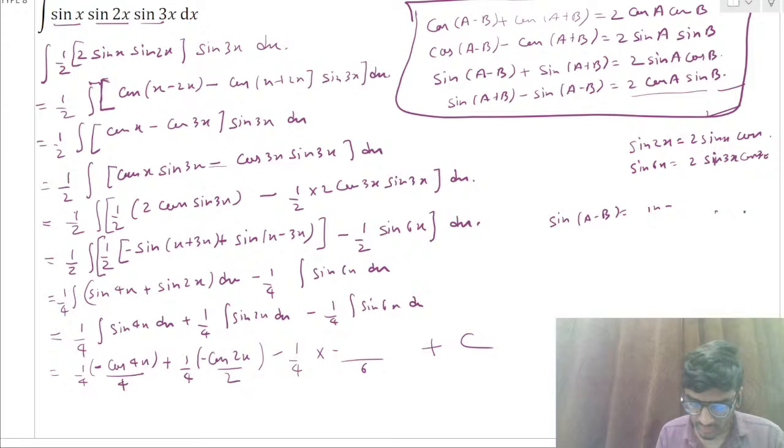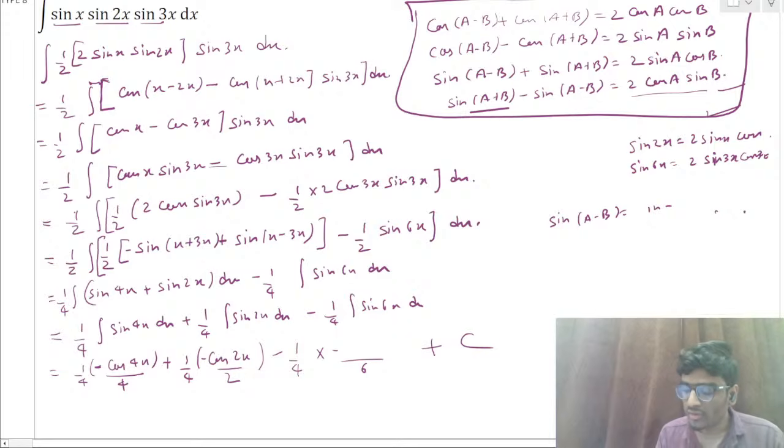Is this line correct? Sine of a minus b gives sine a cos b minus cos a sine b. The same way, sine a plus b gives sine a cos b plus cos a sine b.